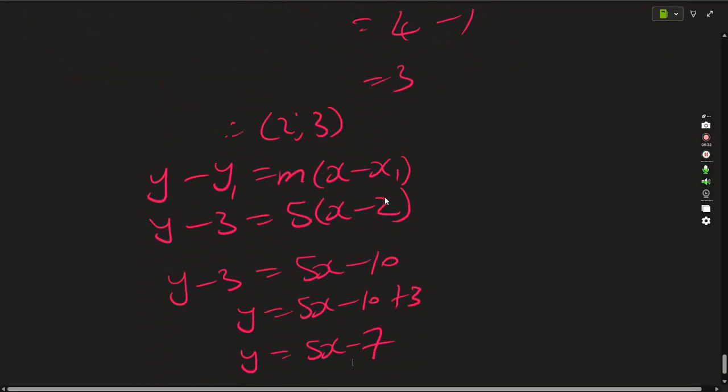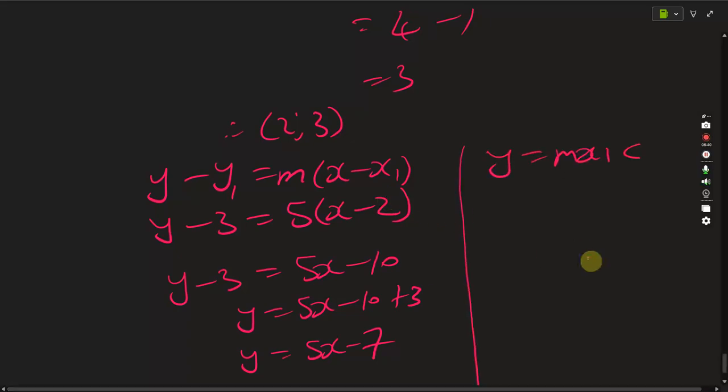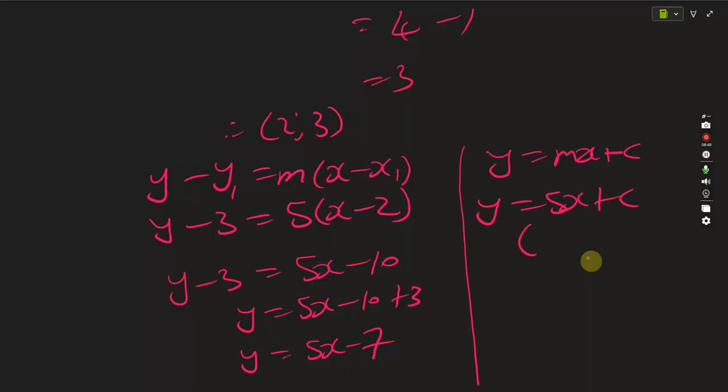But there are those of you who prefer this one actually. So y equals mx plus c. So that is y equals 5x plus c. Then we're going to substitute 2 and 3. So where there is y, we substitute 3, and where there is x, we substitute 2.